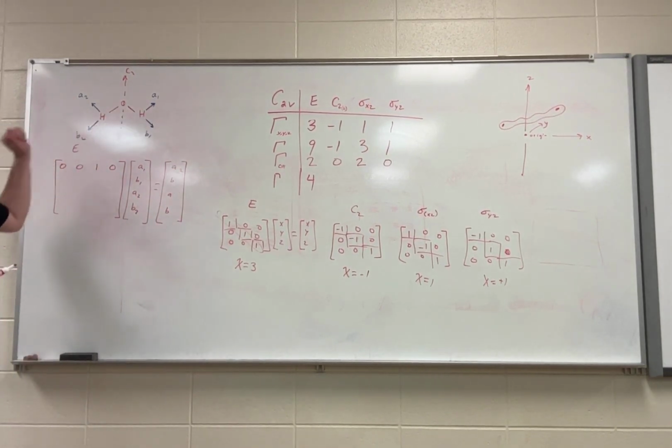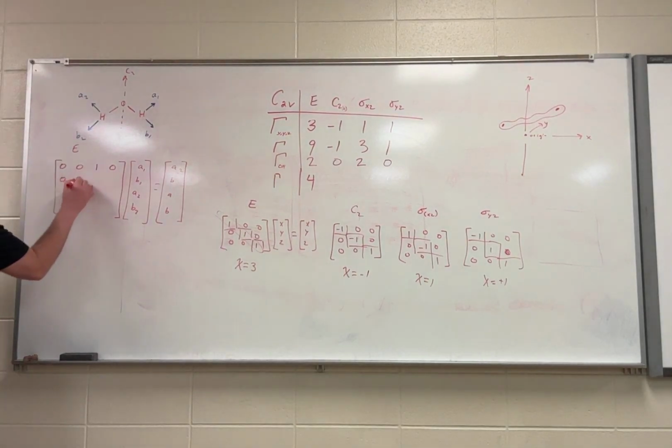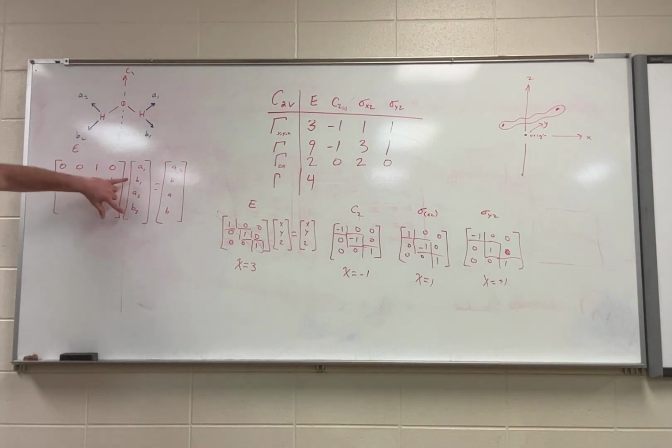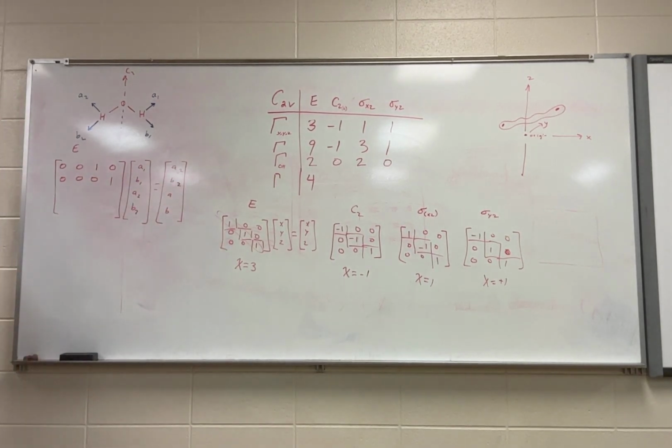A1 goes to A2, right? For the B1, it's going to exchange with B2, so I need to have a term that looks like this, or sorry, row elements that look like this, so that I get B1 going to B2.